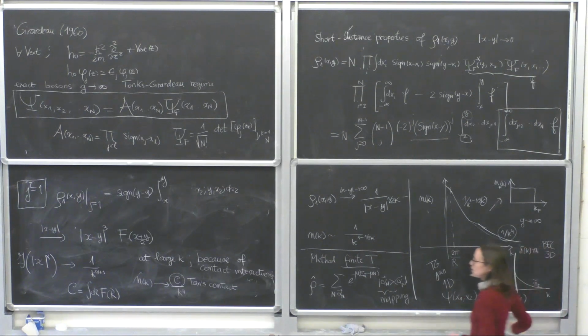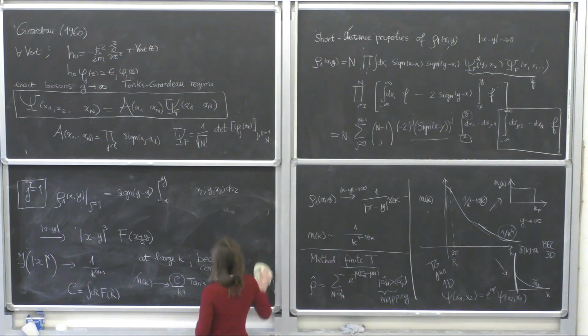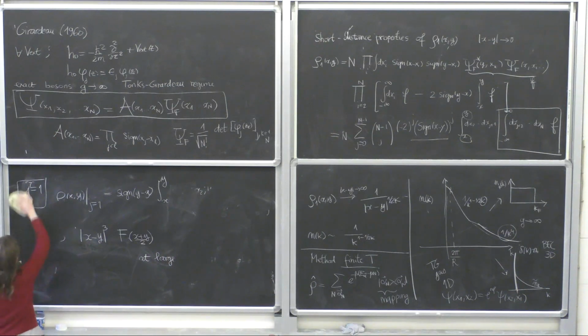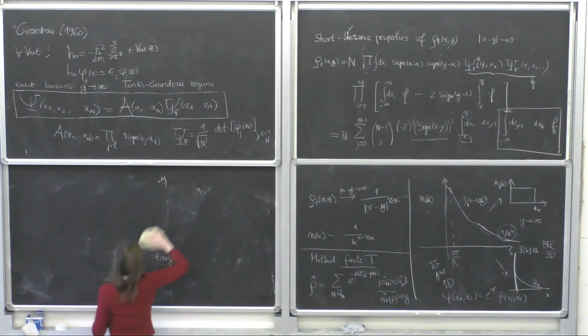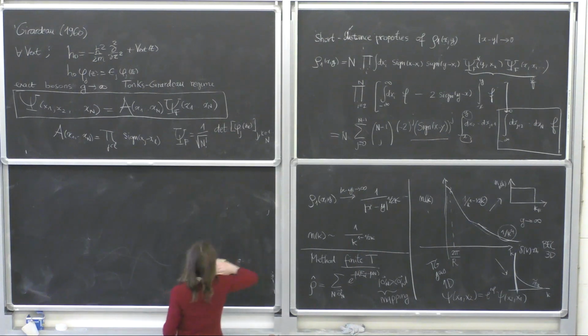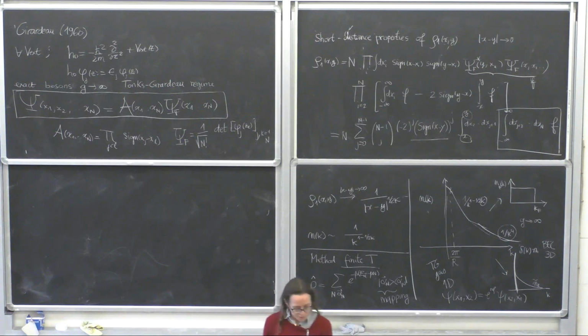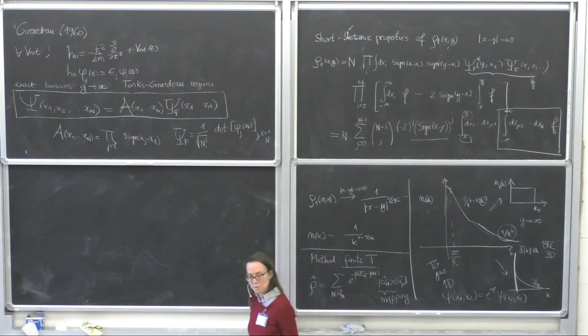Okay, well, maybe I just set the stage and then we continue tomorrow on that. So the other advantage of studying the Tonks-Girardeau regime is that you can solve exactly dynamical problems.